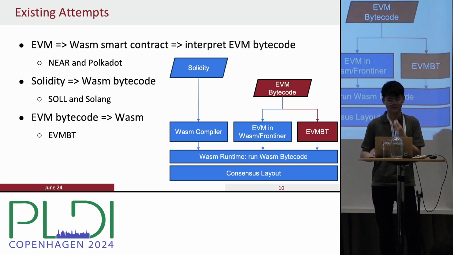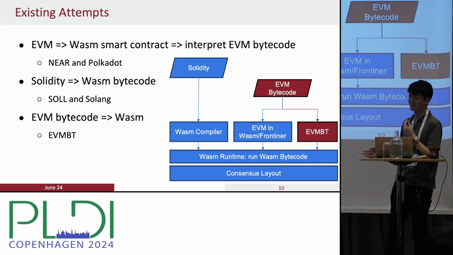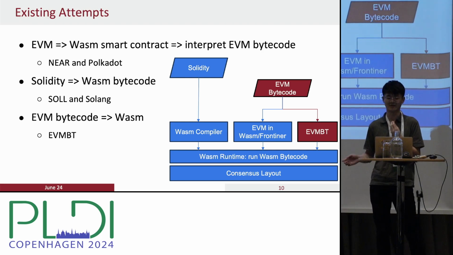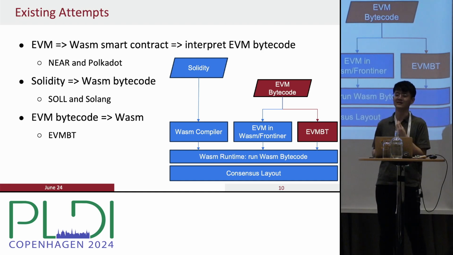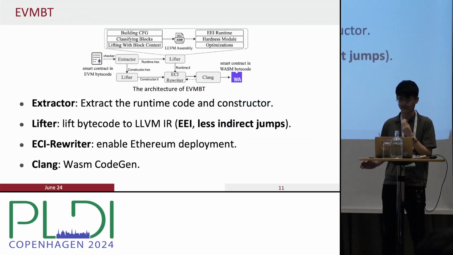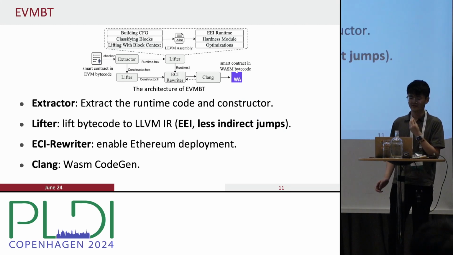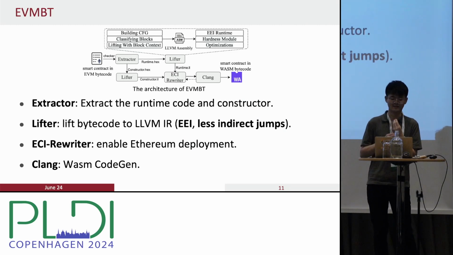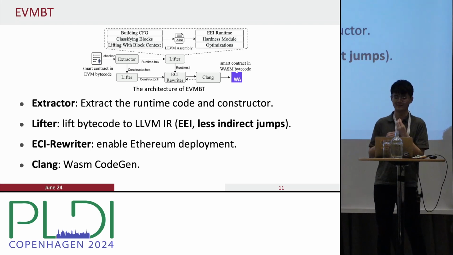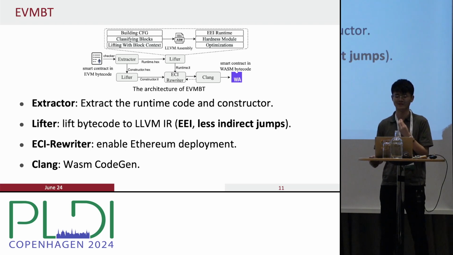And what we want to do is EVMBT, which is a binary translation that can directly compile the EVM bytecode to the WASM bytecode without any EVM support. This is the architecture of our paper. Basically, we extract the runtime code and the constructor from the EVM bytecode, and then lift them to LLVM IR as the intermediate representation.